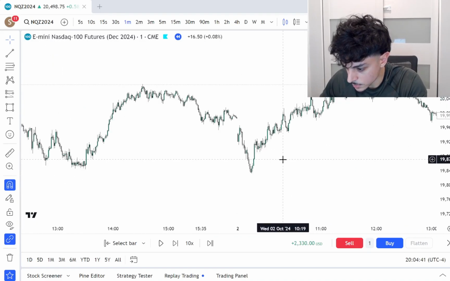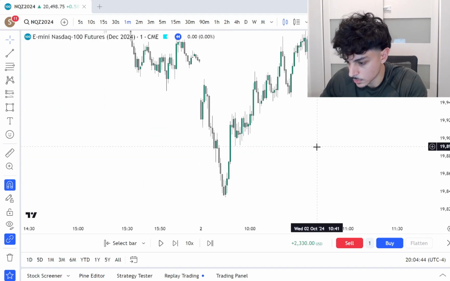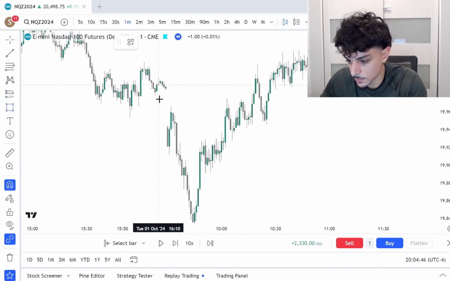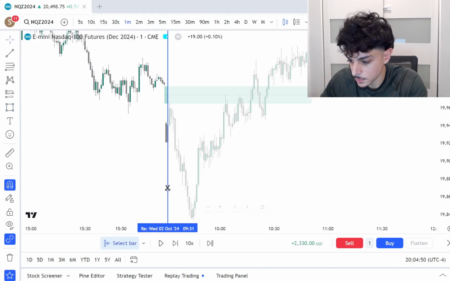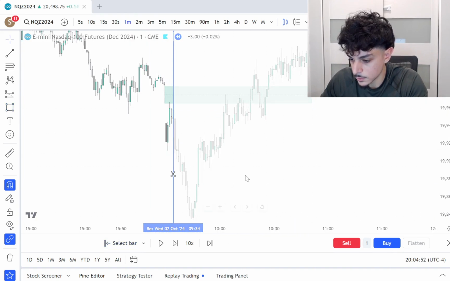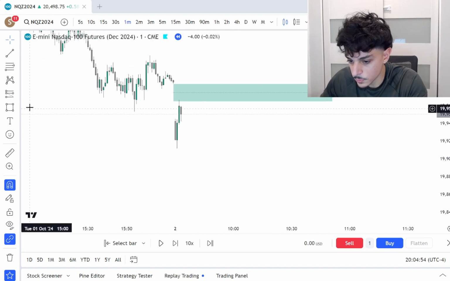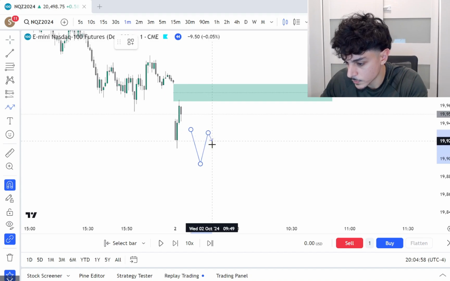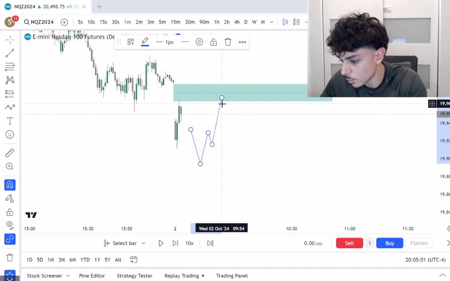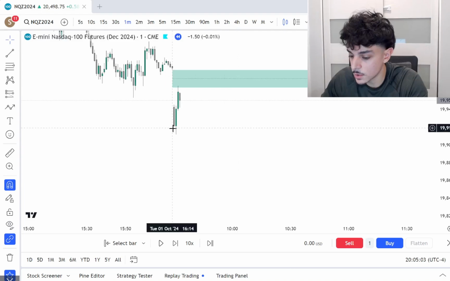Let me just find another scenario here again. So you see here we have an opening range gap that is a gap down day. So we want to find an inversion, a bullish inversion, to long towards that opening range gap, so we can fill the entirety of that opening range gap.